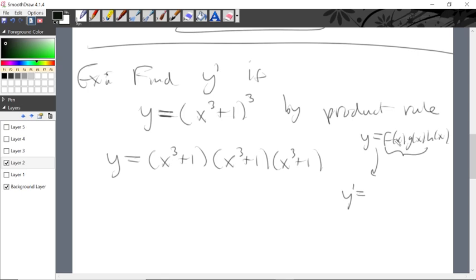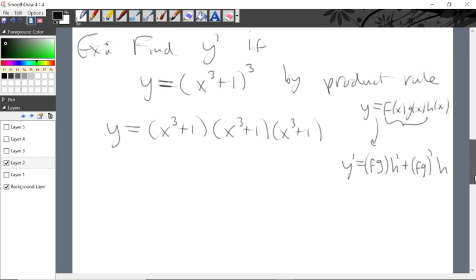If we group together f and g, for instance, f times g, then we can deal with the product rule in this way. We can leave the product f of x, g of x, let's write it as f times g, alone times the derivative of the remaining function, and then plus, now we're going to have to take the derivative of this product, fg, and then we leave h alone.